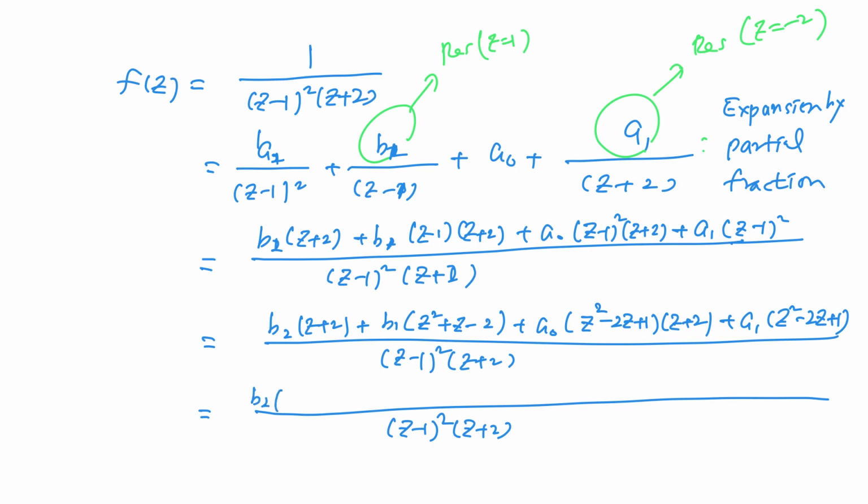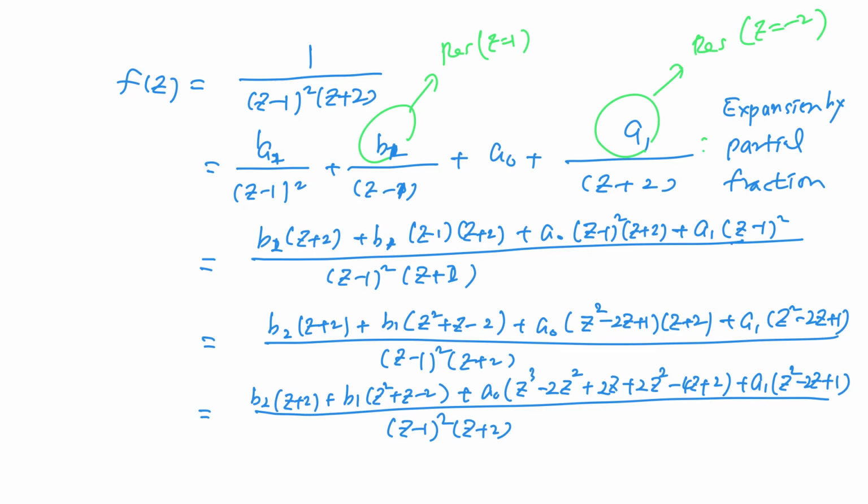You just need to have patience to go through this. Expanding: B1 (z squared plus z minus 2) plus A0 (z cubed minus 2z squared plus 2z...) plus A1 (z squared minus 2z plus 1).